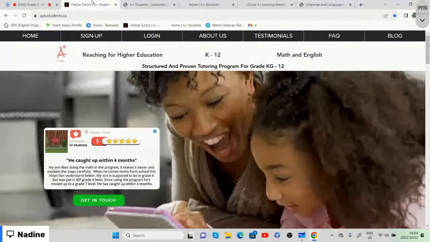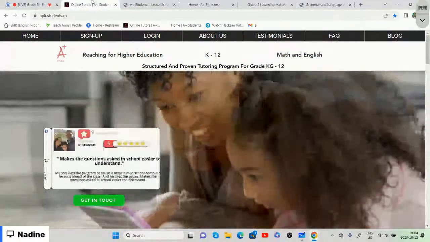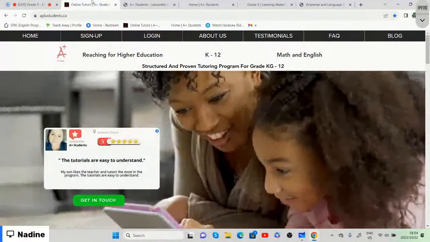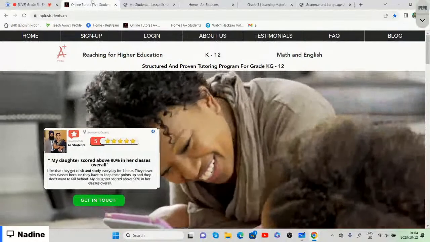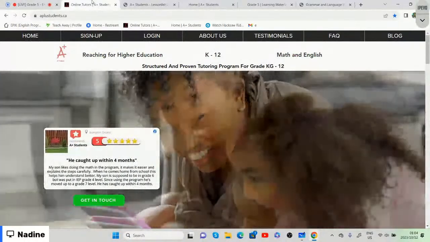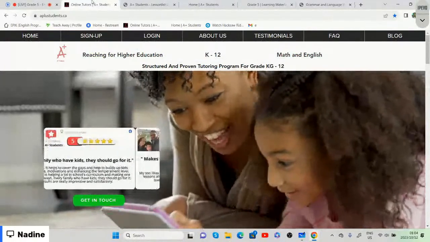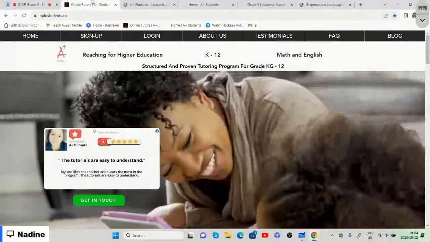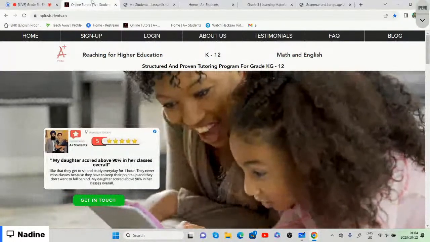Before we start with our lesson, we are going to log into aplusstudents.ca. We're going to log in with our username as well as our password. Once you have logged in, you're going to select the subject of language arts and then grade 5.